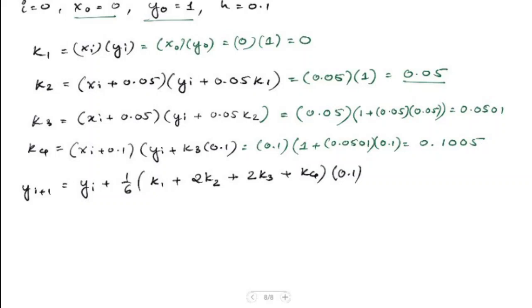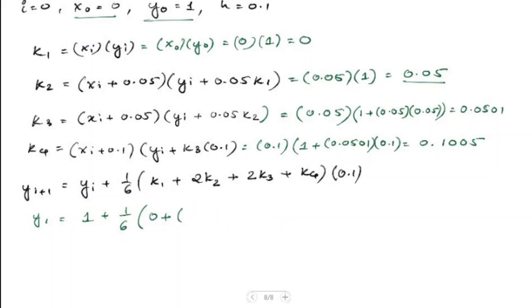And then we have now to calculate the y1. So y1 will be y0, that's 1 plus 1 over 6 times k1, which we got as 0, plus k2, that we got as 0.05, plus k3, that's 0.0501, plus k4. Okay, I'm supposed to multiply here by 2.